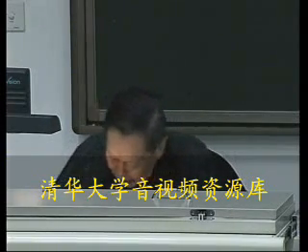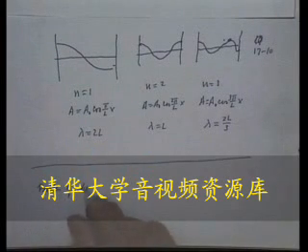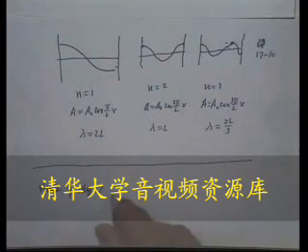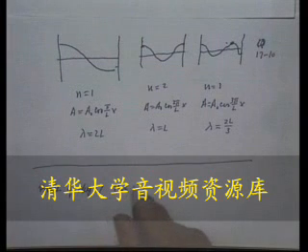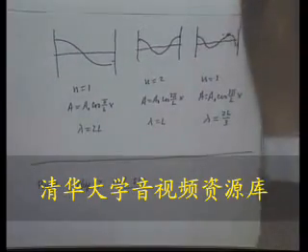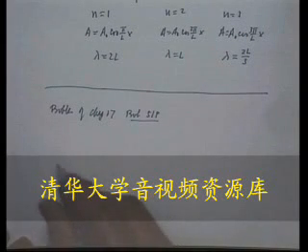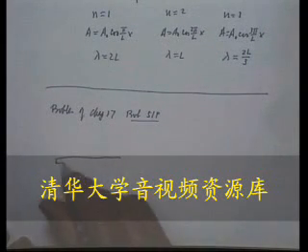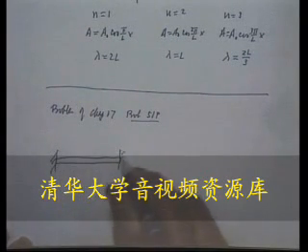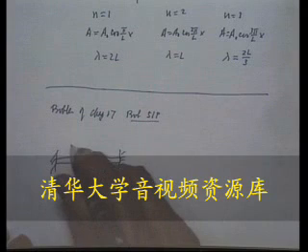Now let us discuss a problem of chapter 17, problem 51p. The problem is a string, but this string is a bit strange. It consists of two different materials.